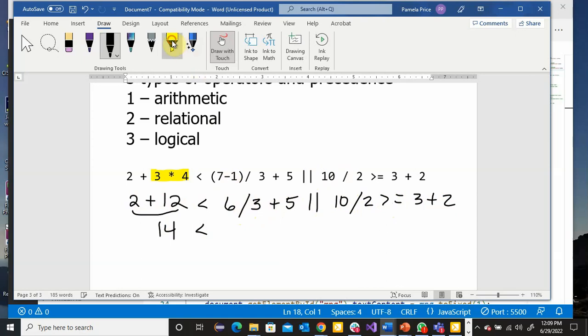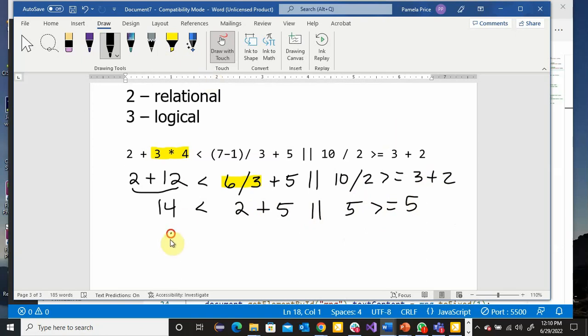We have to do the division first. And so this is going to be 6 divided by 3 is 2 plus 5. 10 divided by 2 is 5, greater than or equal to 3 plus 2 is 5, right? We continue. We have 14 less than, now we have 2 plus 5, this is 7, or 5 greater than or equal to 5. Now all the arithmetic is gone.